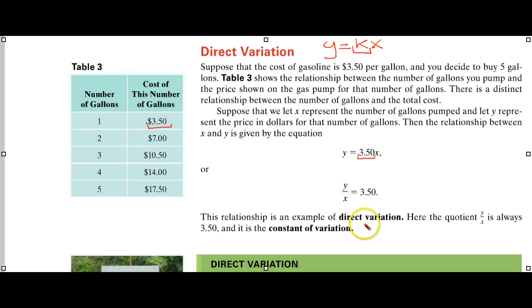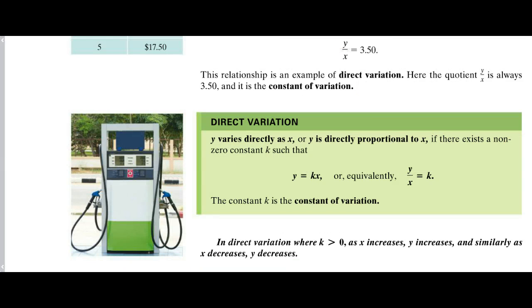Okay, so again, other words for this: direct variation, constant variation. So in the rule, they are featuring this basic equation: y equals kx, direct or constant variation.